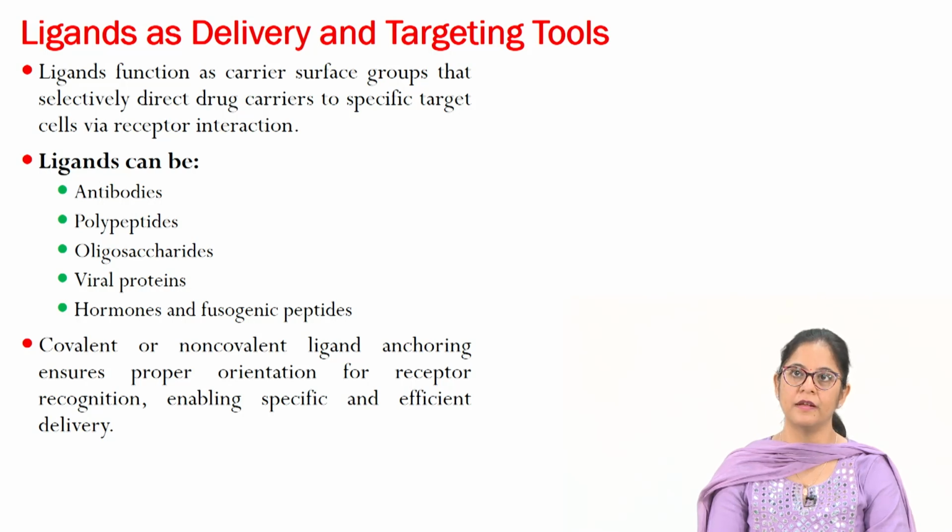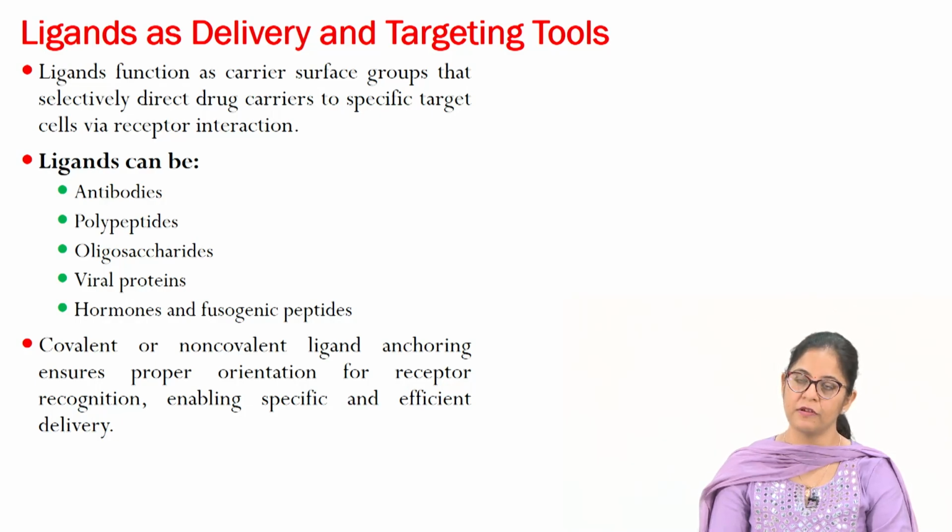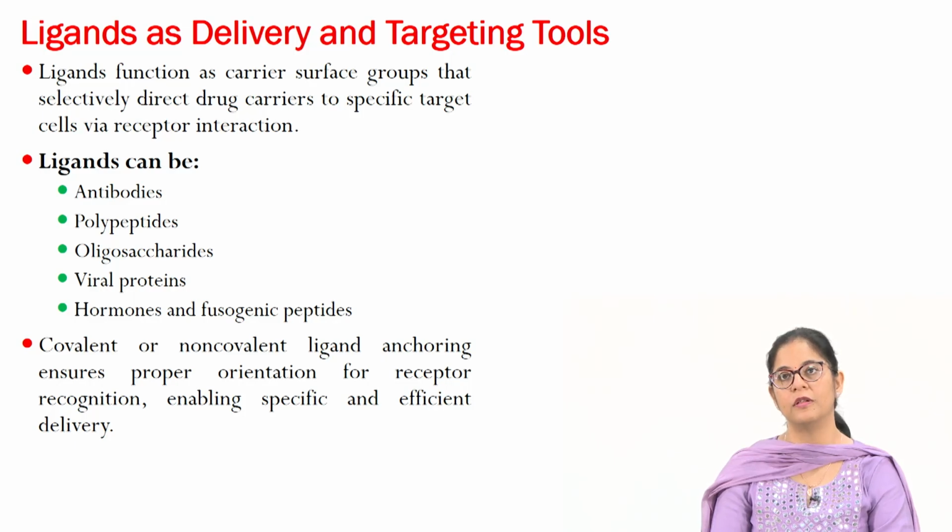Now, ligands as delivery and targeting tools. The ligands function as carrier surface groups that selectively direct drug carriers to specific target cells via receptor interaction. So, the ligands are basically the moieties which go and bind with the receptors. These ligands are selected based on the specific expression of receptors on the target site.